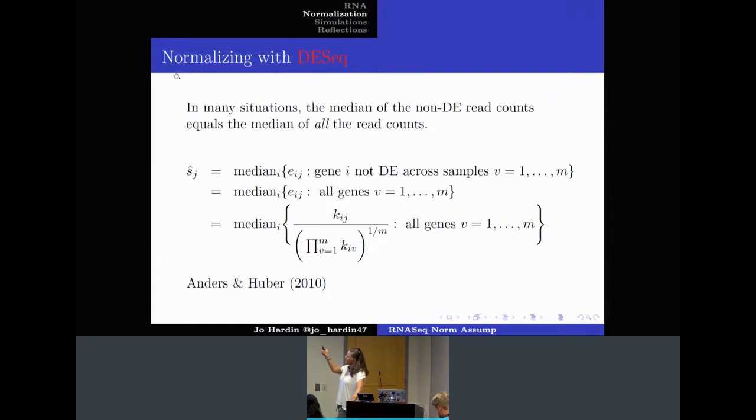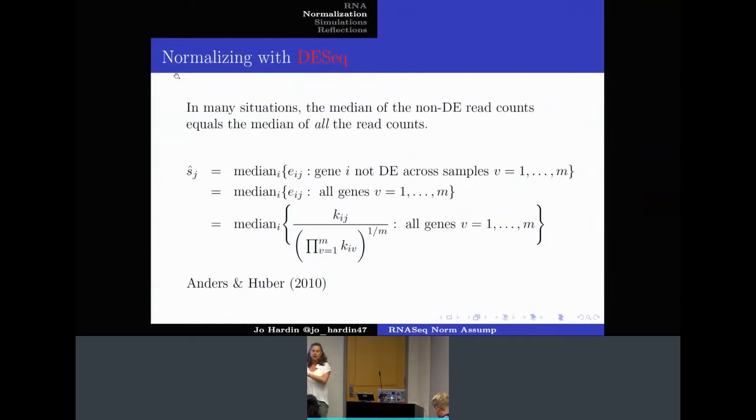But in the vast majority of cases, the median of the non-differentially expressed read counts actually equals the median of all the read counts. So the only case where that first sentence is violated is when you get into situations where you have huge proportions of differentially expressed genes, right?